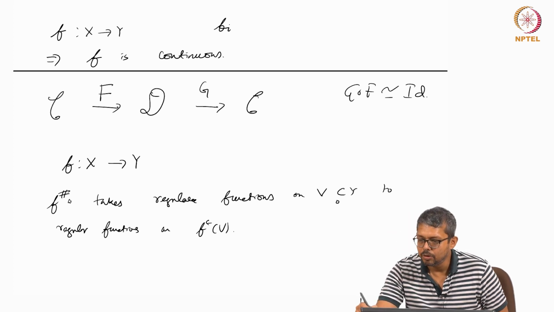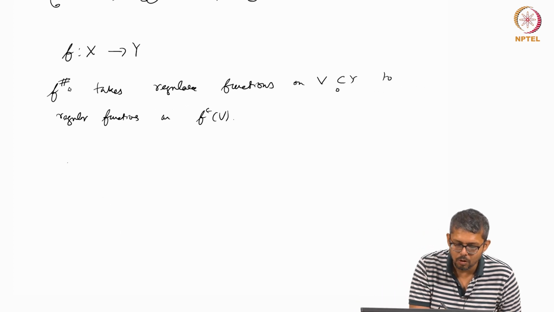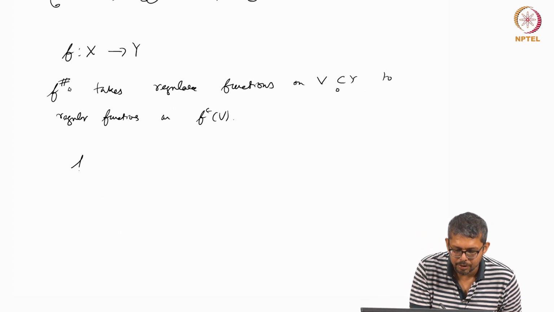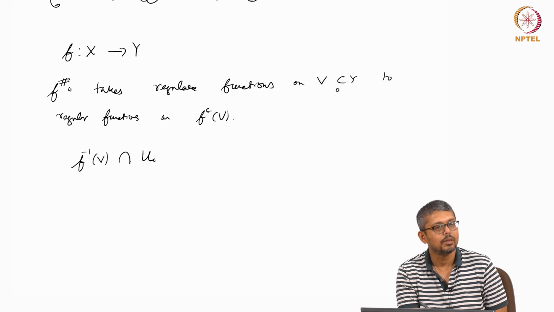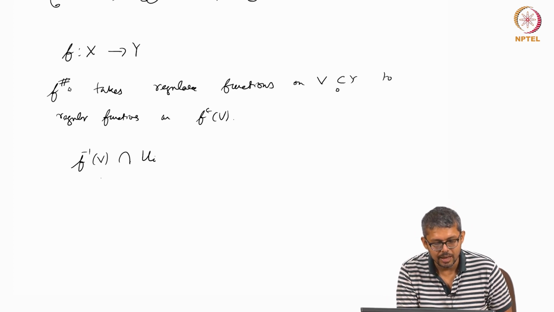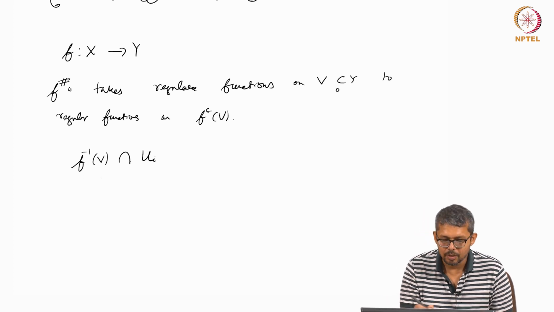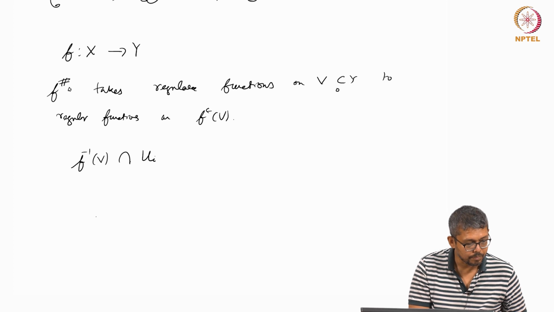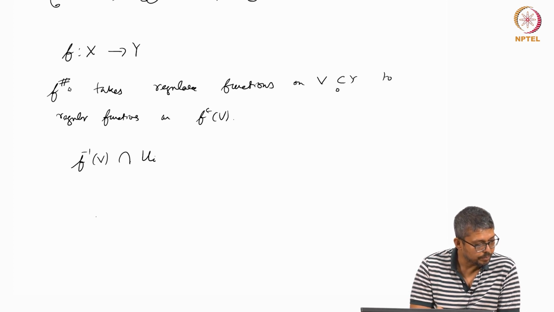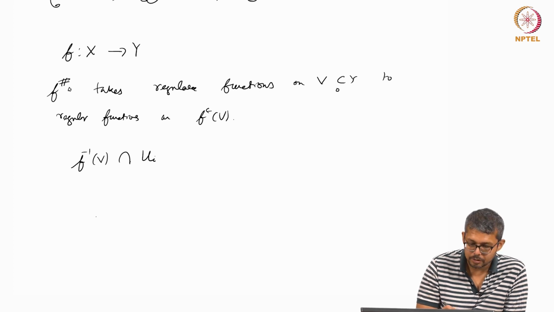So you know on U_i and V, so F inverse V intersection U_i. So let's write this.